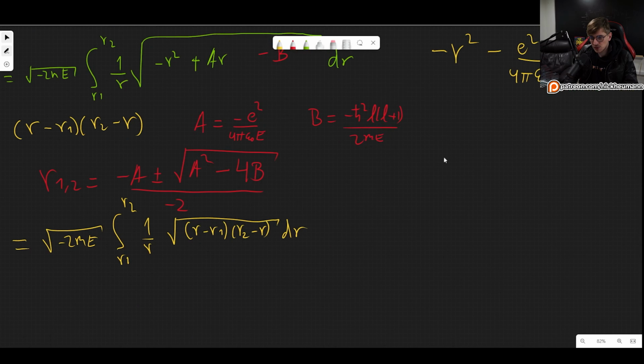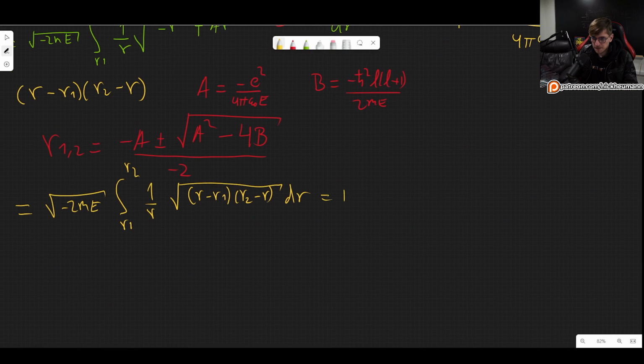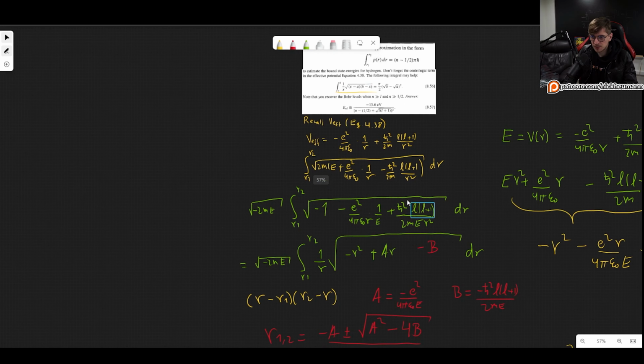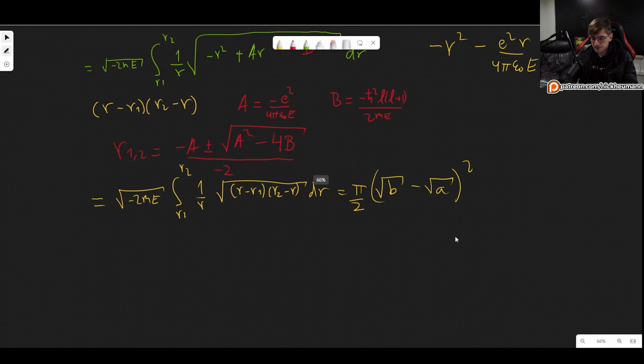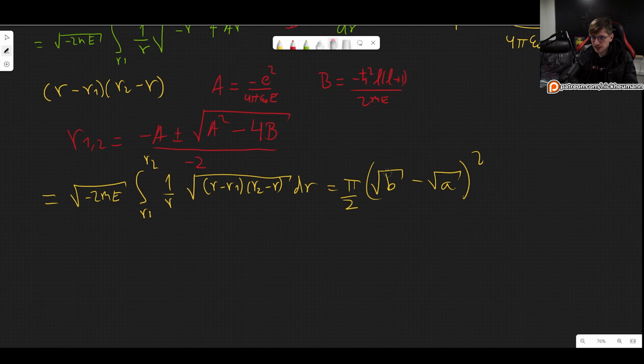The result is pi over 2 times the square root of b minus the square root of a, squared. I'm going to check because my memory is really not good. Okay, good. And in this case, of course, b and a are the roots. So b is R2, a is R1.